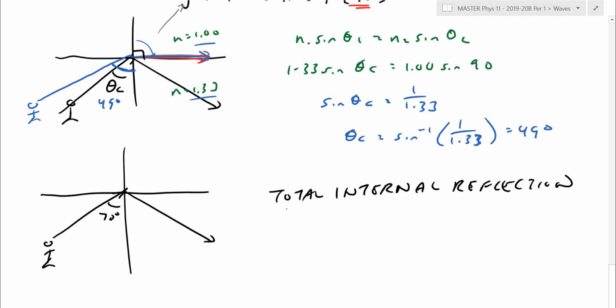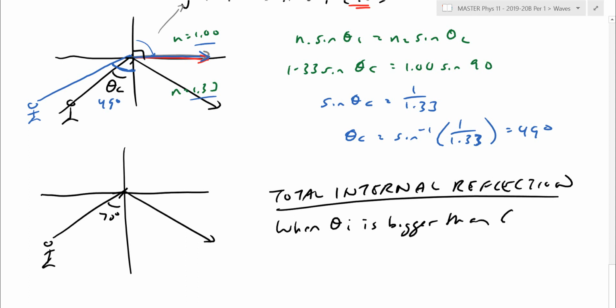And I'll just emphasize here, when your theta i, the angle you're trying to look out at, is bigger than the critical angle, which is that special angle at which the light ray just managed to eke along the surface, that's the last remaining ray that might make it out. The water becomes like a mirror.